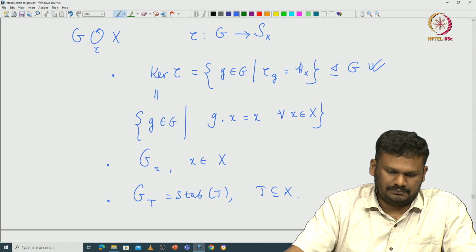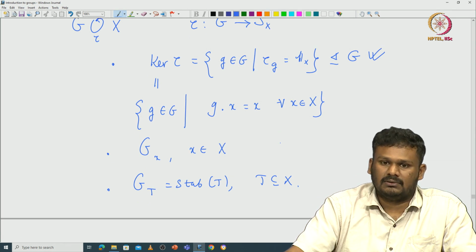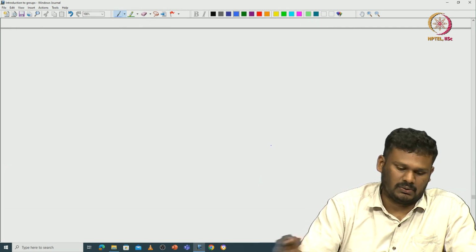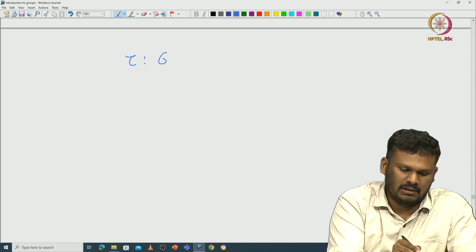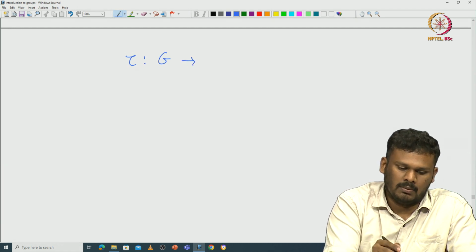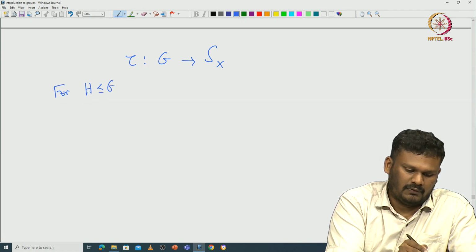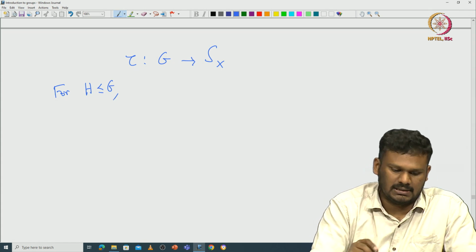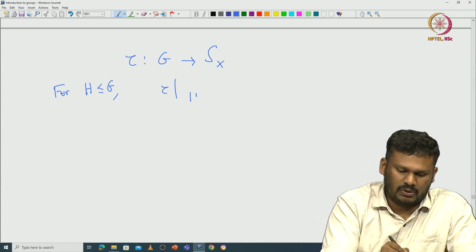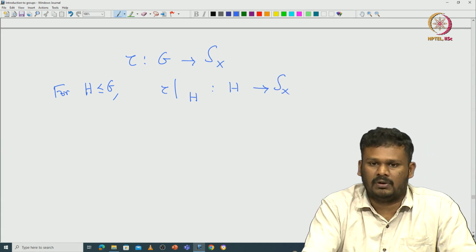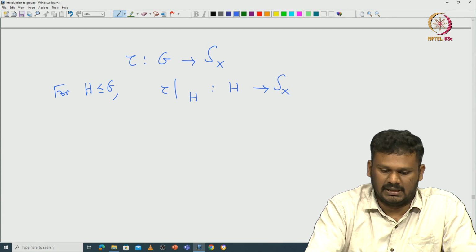Now, on the other hand, given any group action, one can also make any subgroup act on that. Suppose tau is a group action, that is a homomorphism from G to Sx. For some subgroup of G, call it H, we can restrict this map to H. Then that gives you again a group homomorphism from H to Sx.